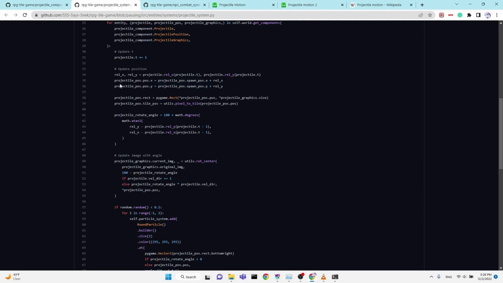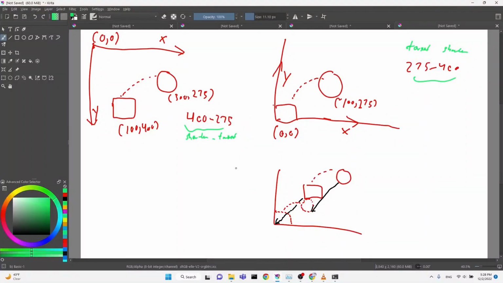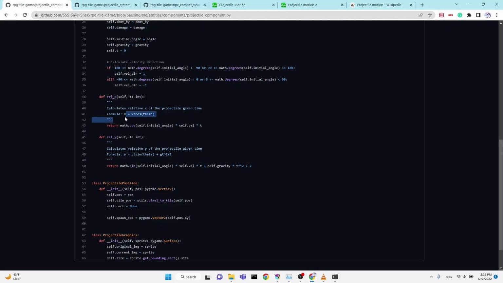That's what this code does, so that it could actually draw in the appropriate spot in the game. We had a slight problem, but it's fixed now. So anyway, let's go back to our page.